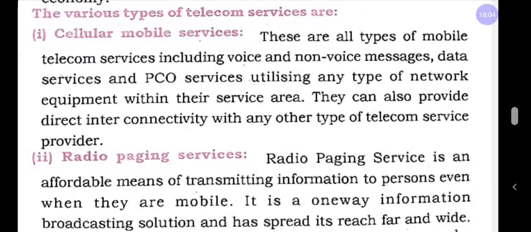This is called cellular mobile services. In simple terms, if they want to offer a product at any place, they have network providers. From those network providers, you can send a voice or non-voice message to your customers. This is called cellular mobile services.